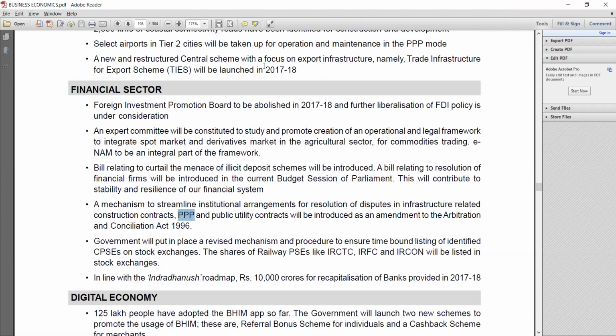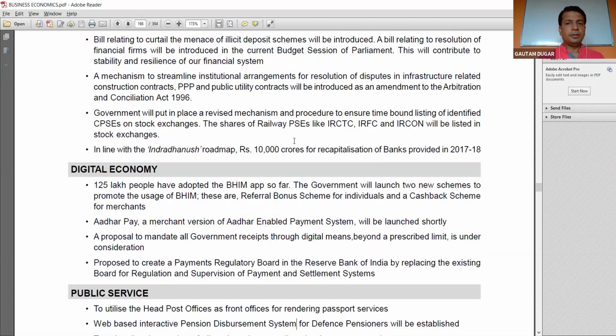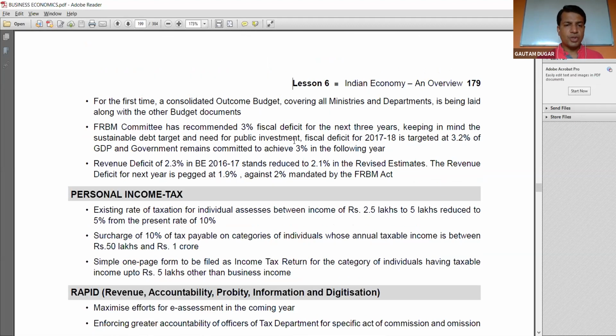The government has launched the BHIM app, out of which these data are not required, and how many people are using it in all those portions.